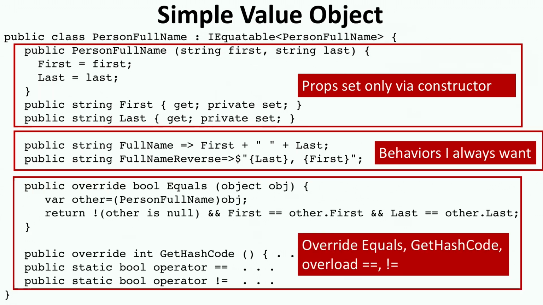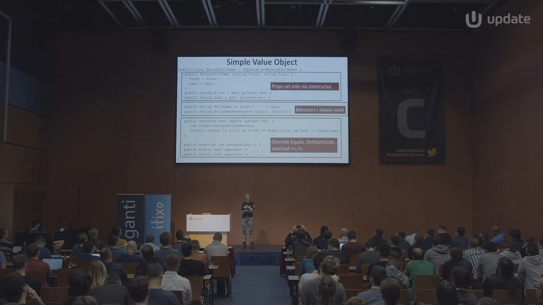Another important aspect of value objects, besides its immutability, is that the identity is the combination of the first and last name. So when you're comparing different instances, you are comparing all of those properties. So you have to override equals to make sure that equals is checking the equality based on all of the properties of these.